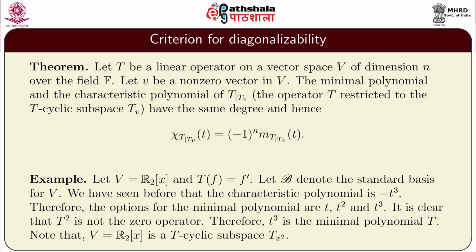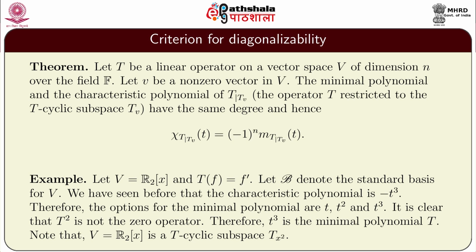We have seen before that the characteristic polynomial of the operator T is minus t cube, and we know that the minimal polynomial of T is a monic polynomial and it must divide the characteristic polynomial. Therefore, the options for the minimal polynomial are t, t square and t cube.